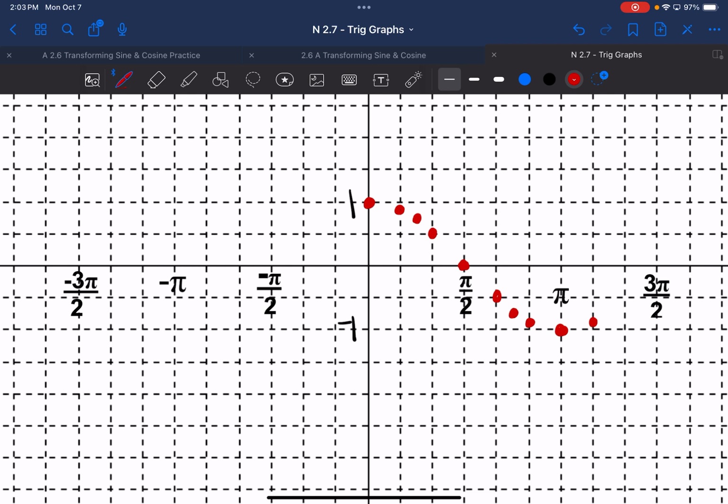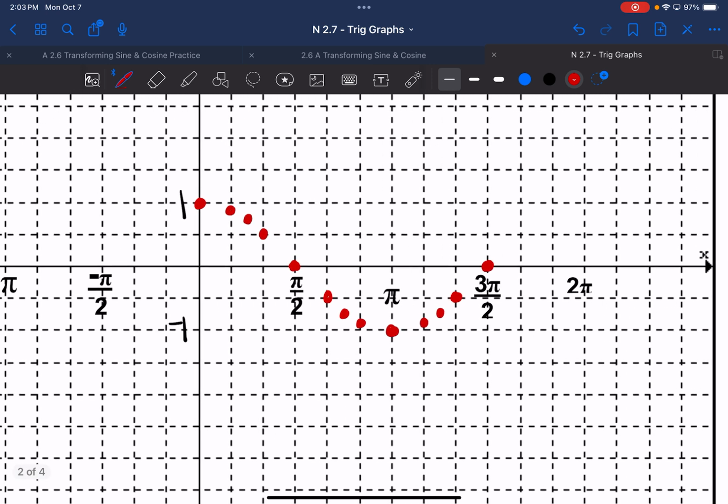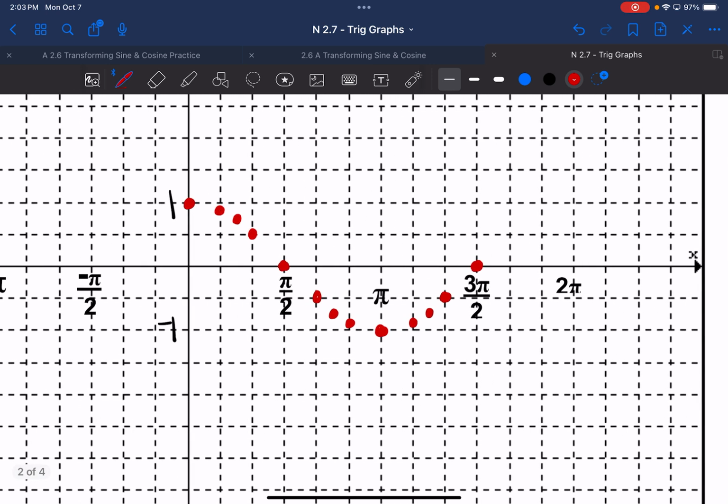And then we've got 5pi/4. So again, in the middle of two lines. And it's at -0.7. And then at 4pi/3, I'm at negative a half. And by the time I get back to 3pi/2, I'm back at 0. Oh, actually, I have it drawn down there if you would actually take a peek.